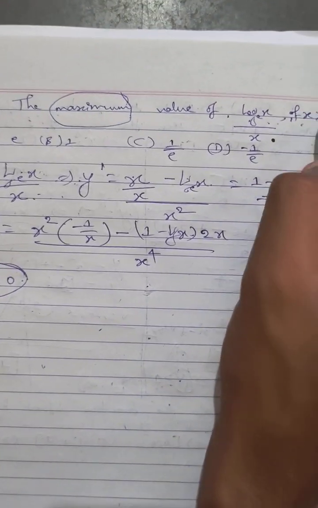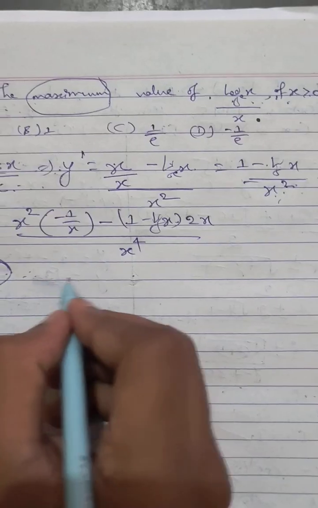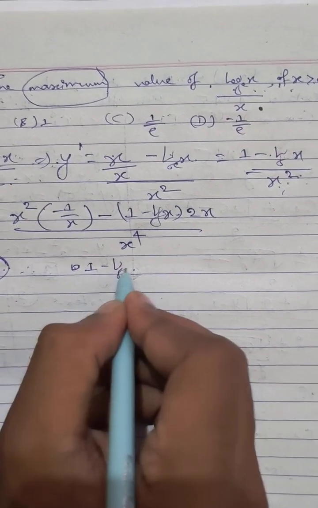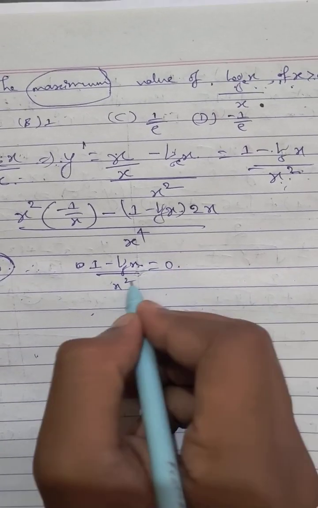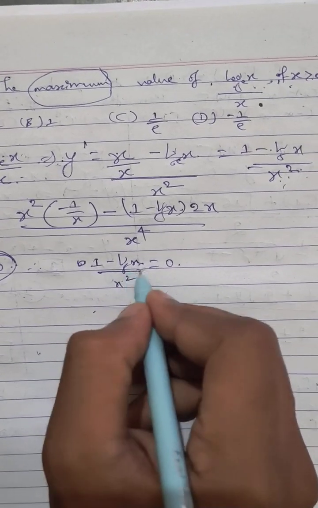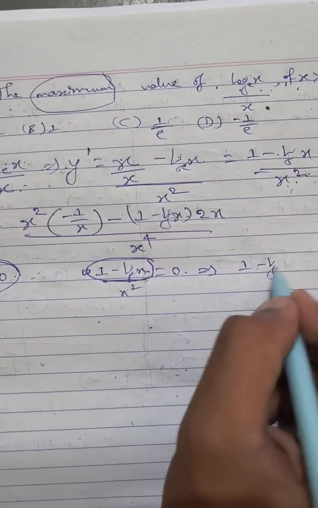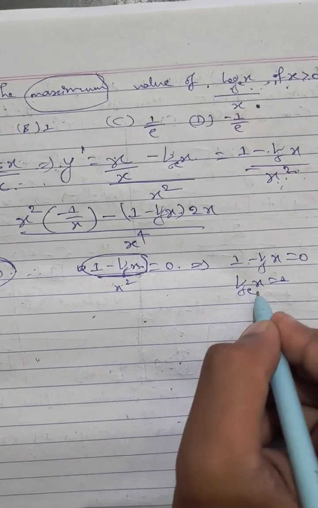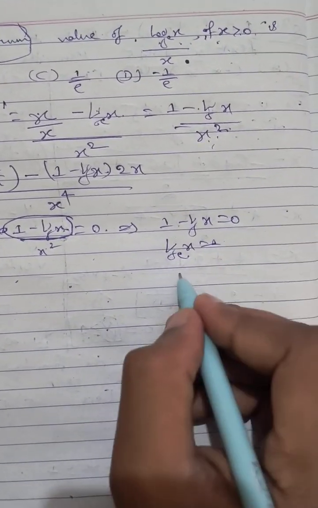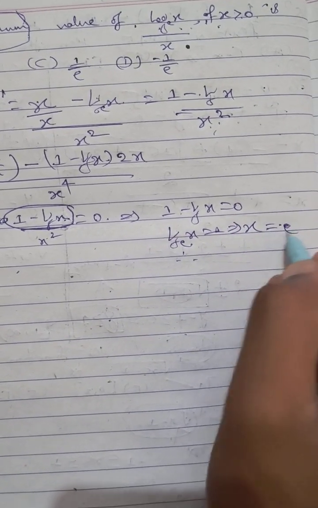Since x is greater than 0, x squared must be greater than 0. Therefore (1 minus log x) divided by x squared equals 0. Whenever this quantity is 0, 1 minus log x equals 0, so log x equals 1. The base of the log is e, therefore x equals e.